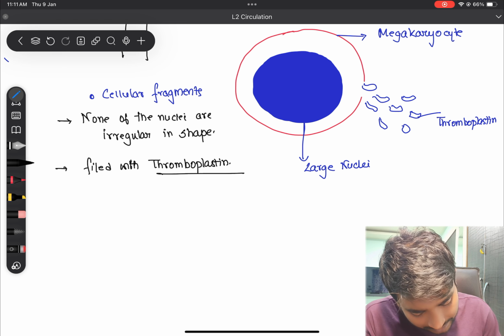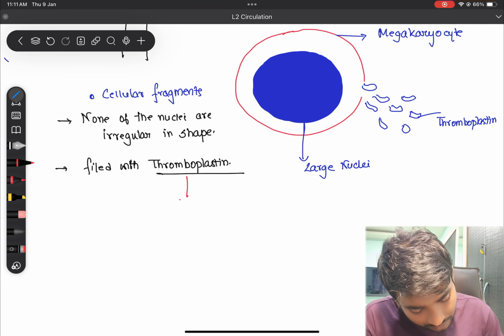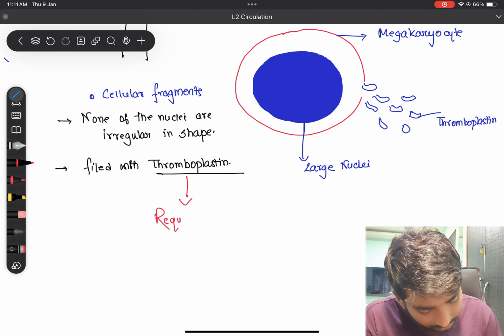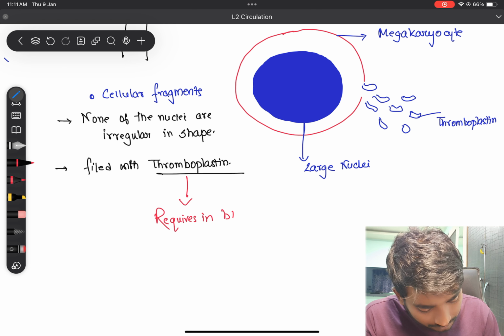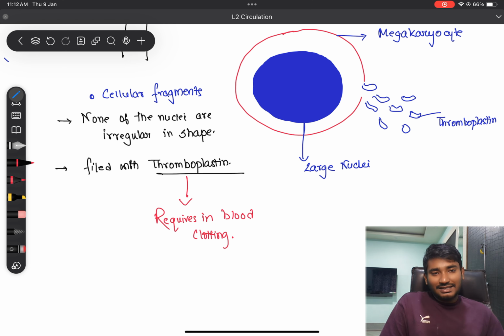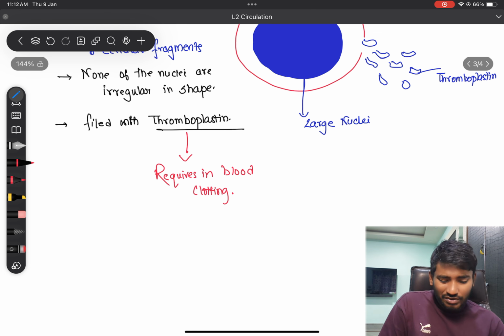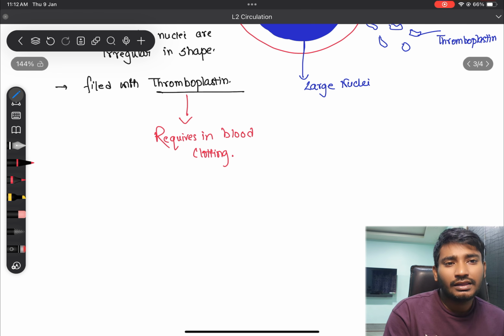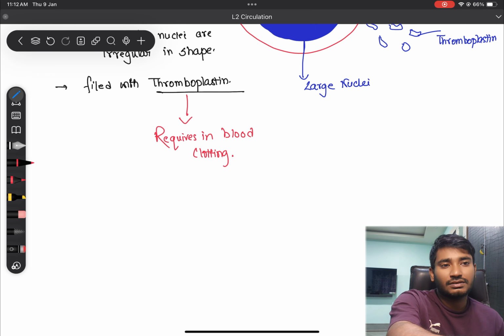The thromboplastin is required in blood clotting. When we gave the PMTs in the year 2015, when there was AIPMT, we generally had to memorize the clotting factors. There are 13 clotting factors starting from thromboplastin, prothrombin, fibrinogen, labile factor, stable factor. These are generally not required now. I don't see any question coming in recent years from these topics.